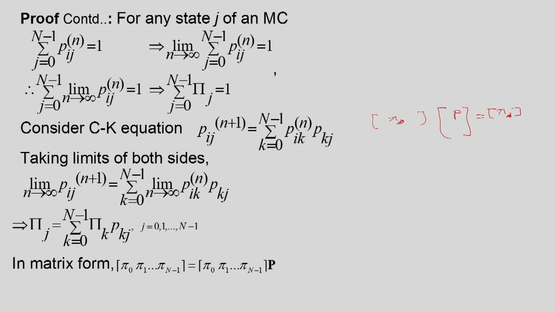Thus, we have a way to analyze a Markov chain with finite state space which is irreducible, aperiodic and positively recurrent. Then it will have steady state probabilities, and these probabilities will be given by this equation. Of course, we will have the constraint that the summation of these probabilities is equal to 1.